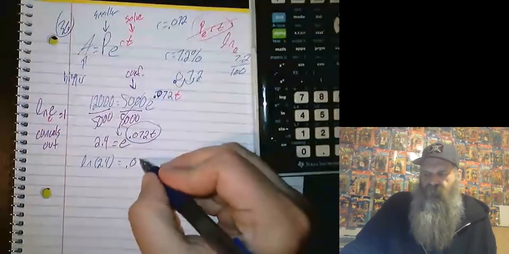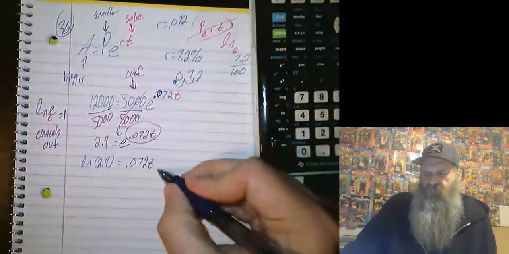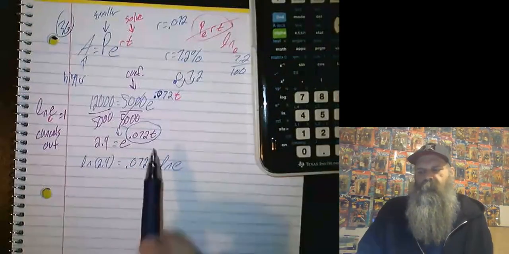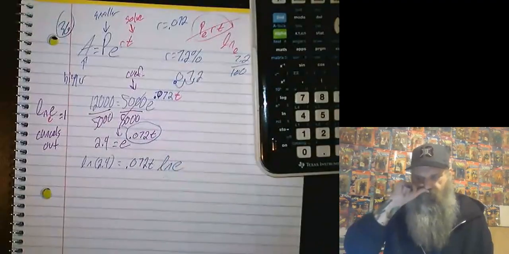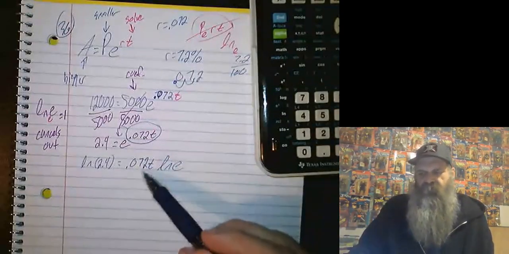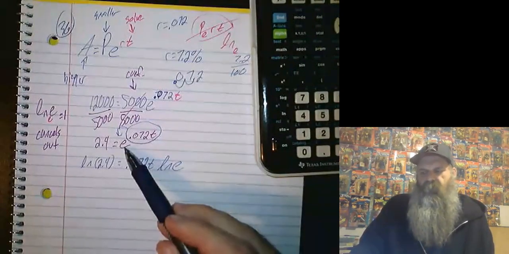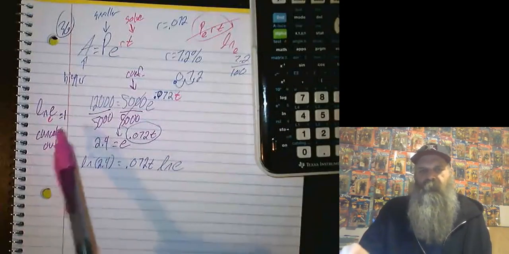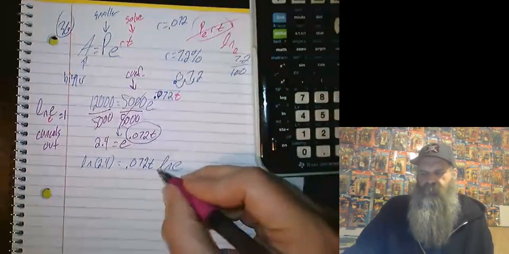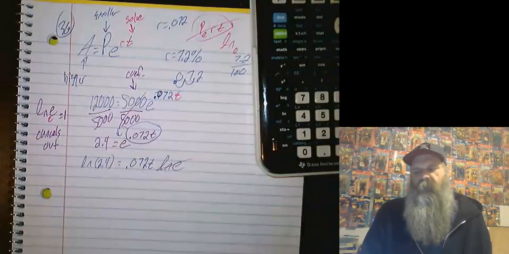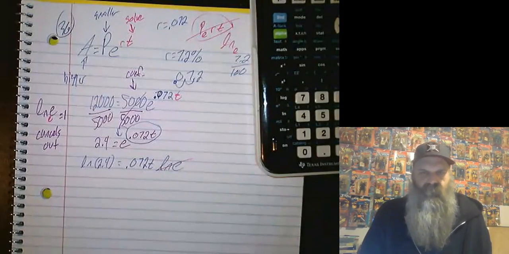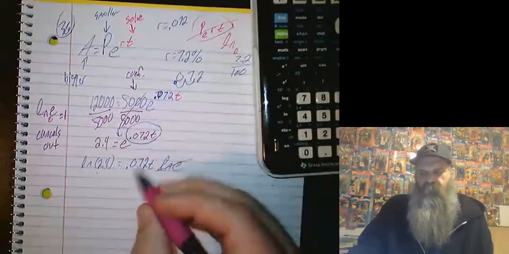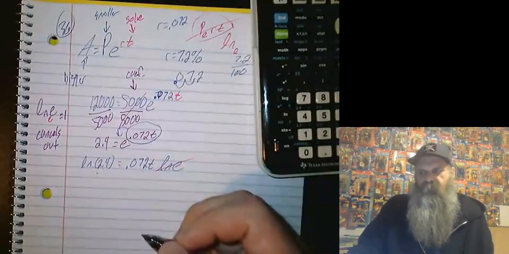And then we have 0.072 t natural log of E. So when we take the log, the exponent becomes the coefficient of the log, and we're taking the natural log of E, which cancels out. So all we need to do, but we have to use the calculator, is divide this value, the natural log of 2.4, by 0.072.